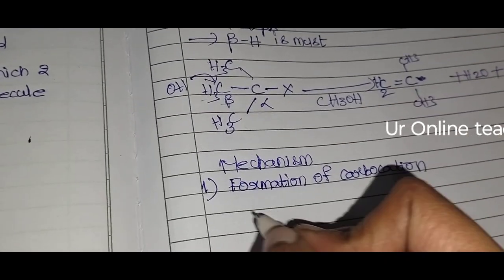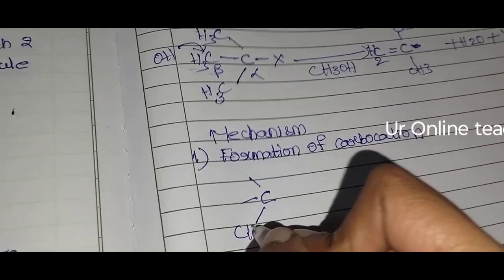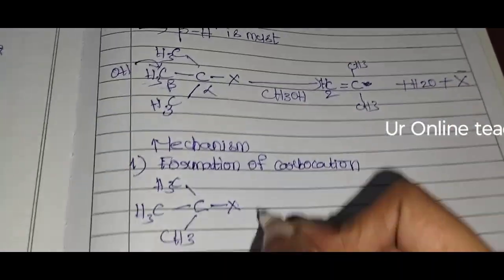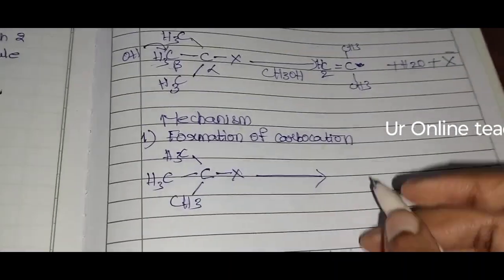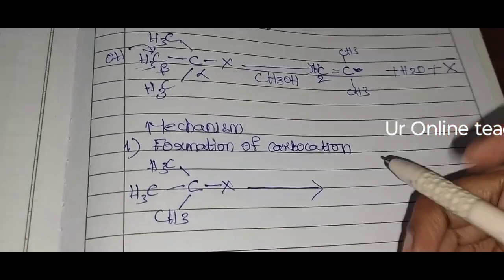This is a very slow step. I am taking the tertiary alkyl halide as the example to explain this. So I told it is a slow step, and here the halide will be removed to form carbocation.